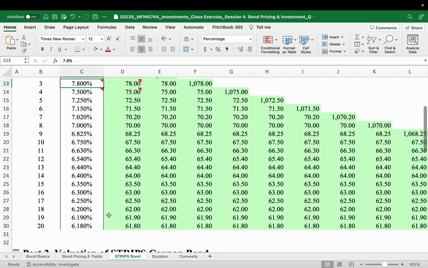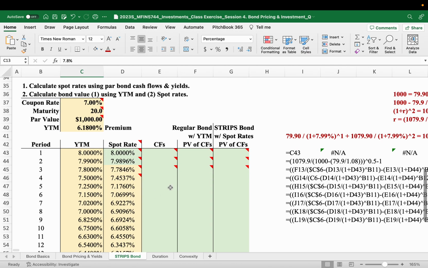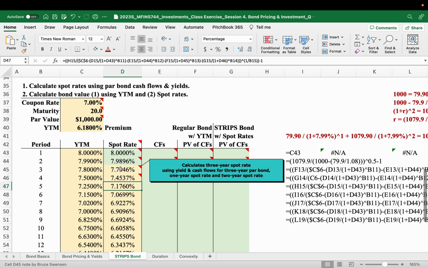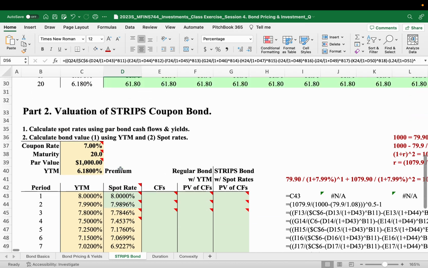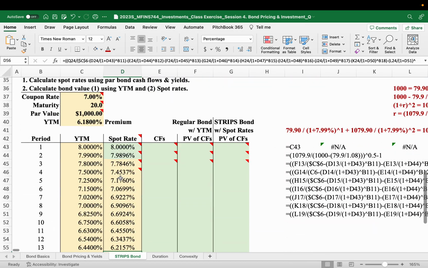That's 7.8%. Likewise, we calculate 3-year, 4th year, all this spot rate using this term structure, right? Now, let's leave this spot rate for a while. We are not going to use it to calculate the regular bond.